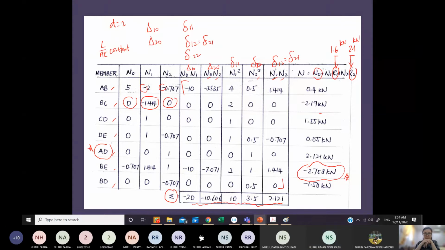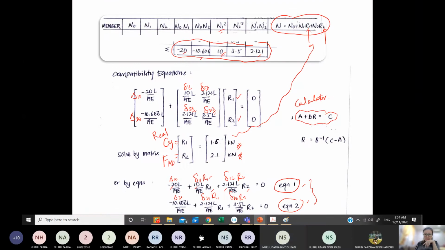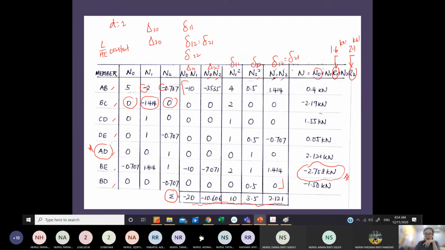Done? Anyone? Doctor, I get 4.04. Wait, did I copy wrongly? 1.6, 2.1. How about the rest?